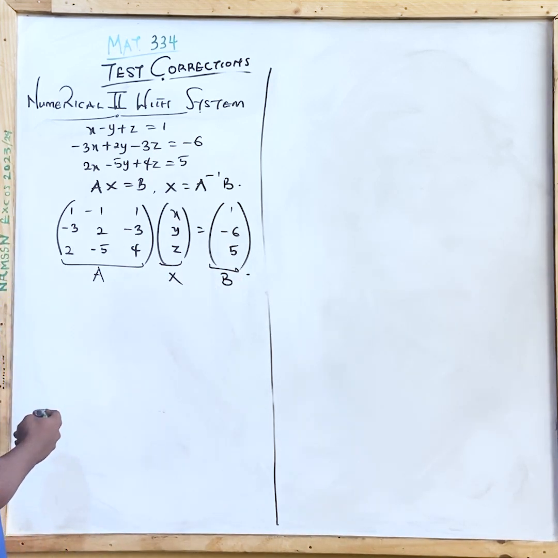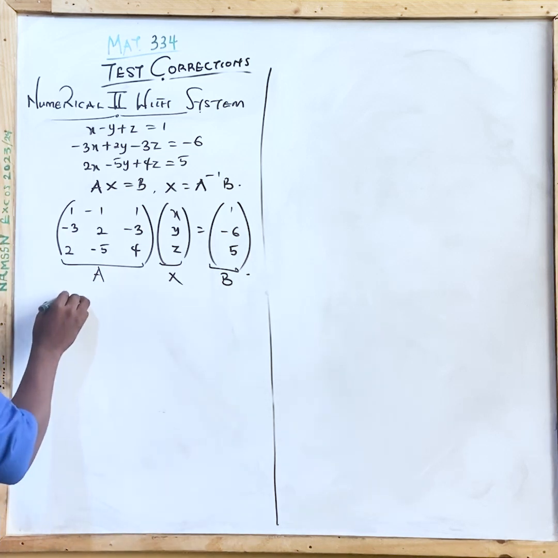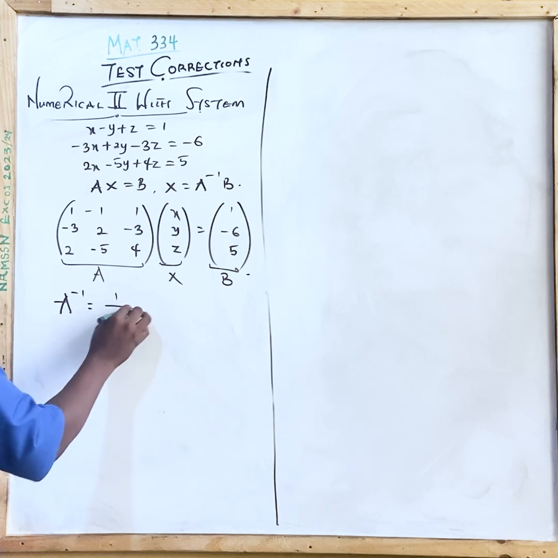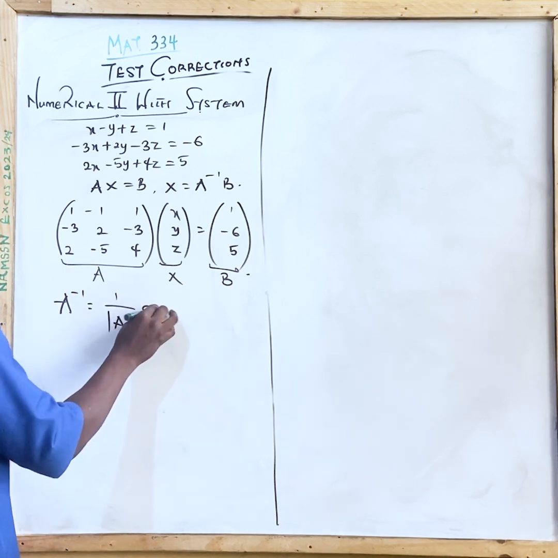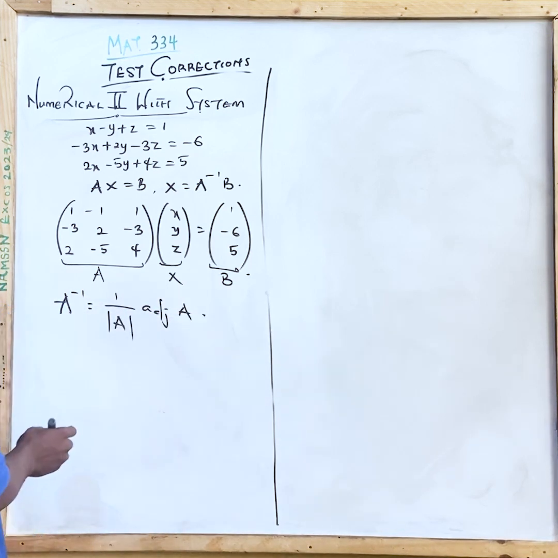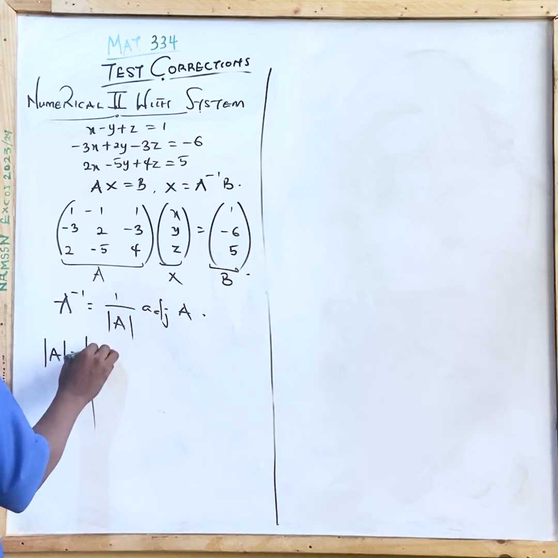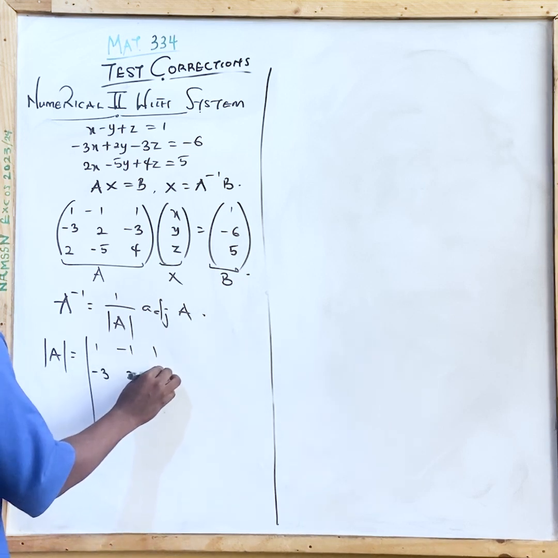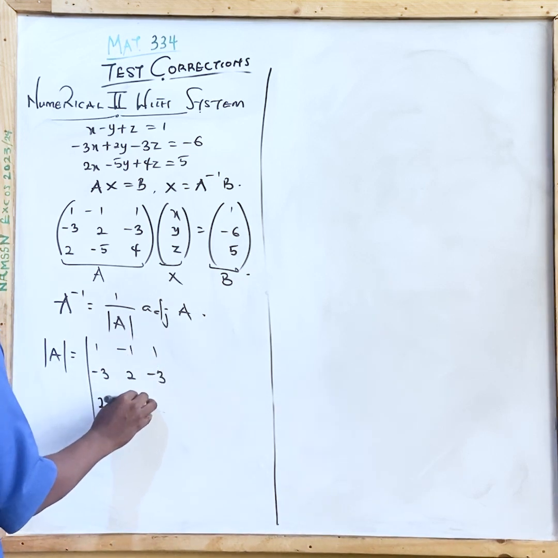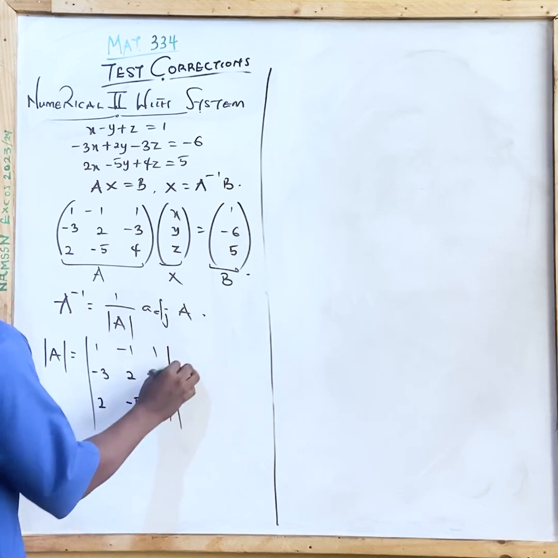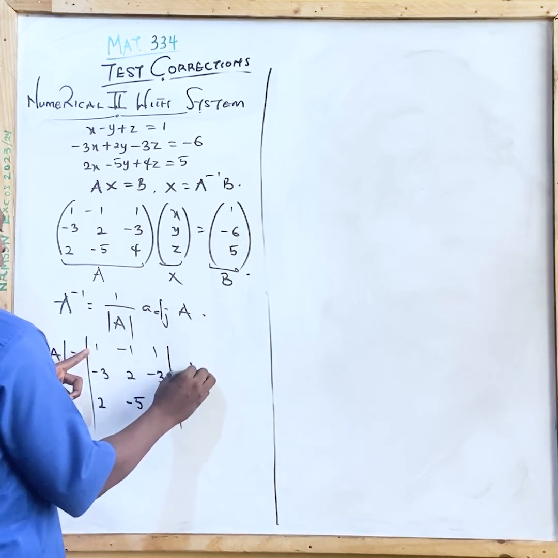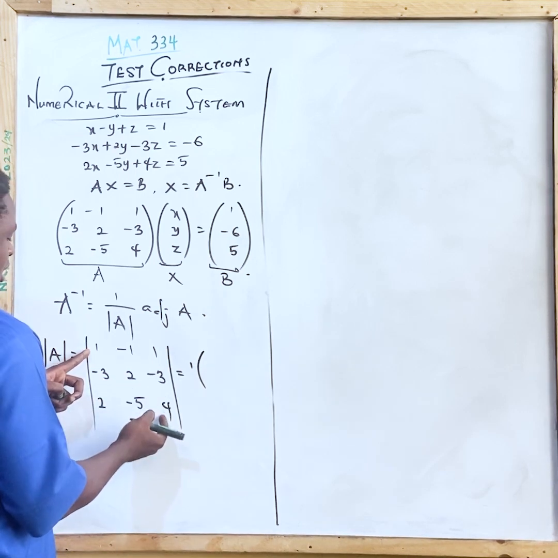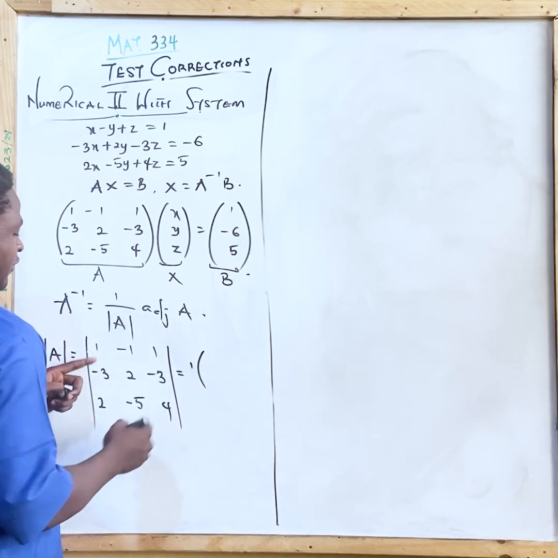So the goal here is to get A inverse. Of course, to get A inverse, we need our determinant first, because we know that A inverse is equal to 1 over determinant of A times the adjoint of A. So let's get the determinant of A first. The determinant of A is the determinant of 1 -1 1, -3 2 -3, 2 -5 4, which should be equal to 1 times, so this is 8 minus 15.